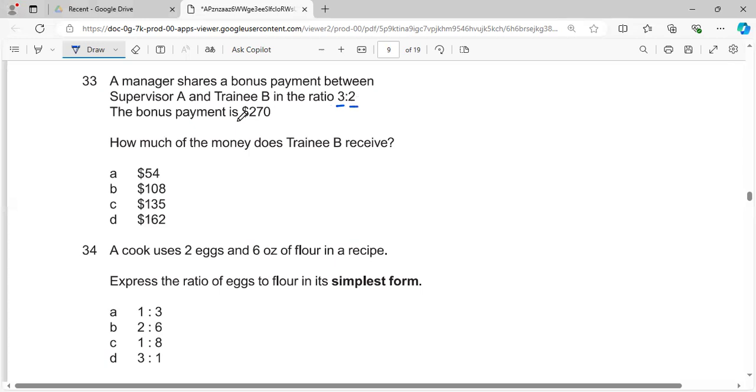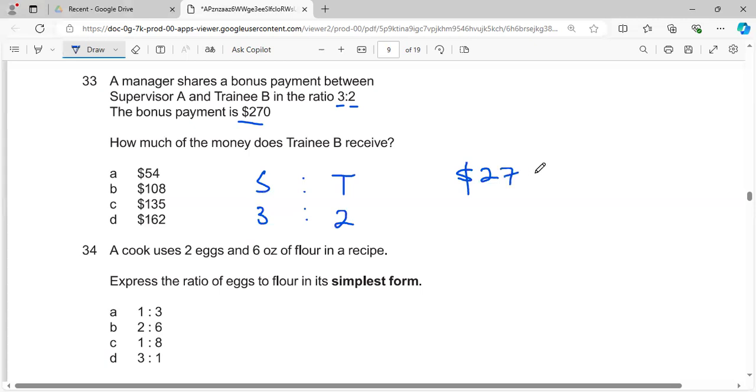And the total money being shared is $270. So what you can do, guys, is write that information first. So the ratio, you have your S to your trainee. This person should get 3 shares, while this person gets 2 shares. The total money being shared is $270.